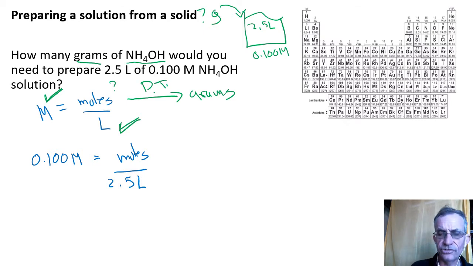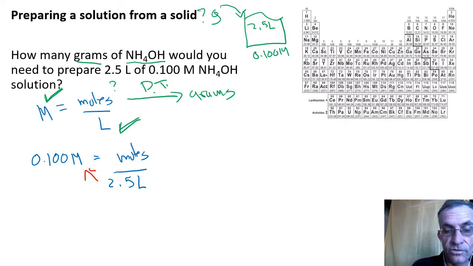Now, I've got to solve for moles. We've had to do this with other formulas. I said, if there's ever a fraction, let's get rid of the fraction. So to solve for moles, I need to move the 2.5 liters to the other side. We usually call that cross multiplying, right? That's what we're going to do now.